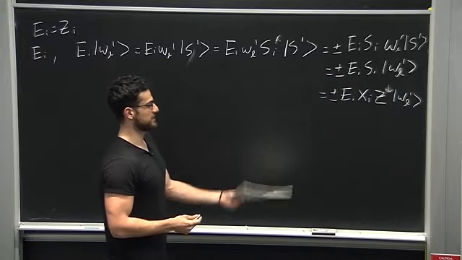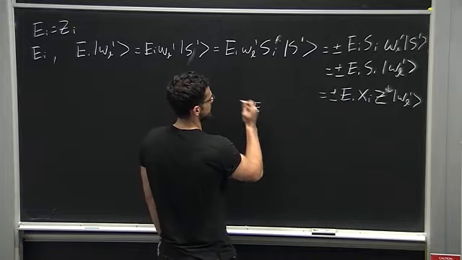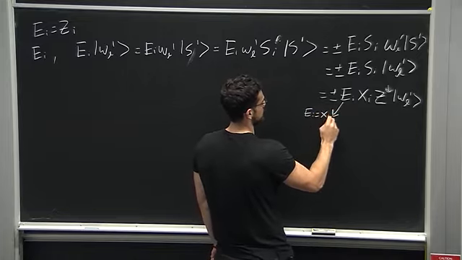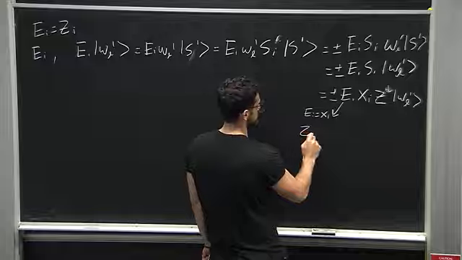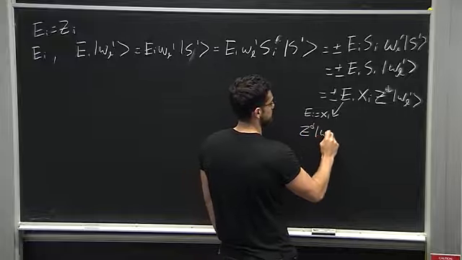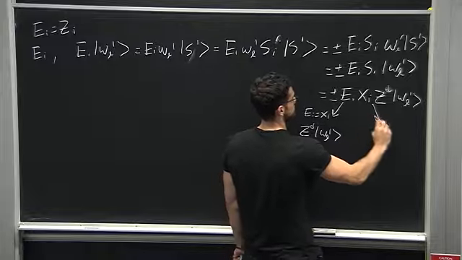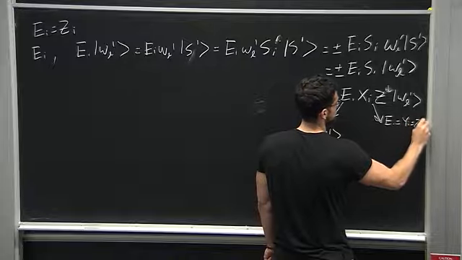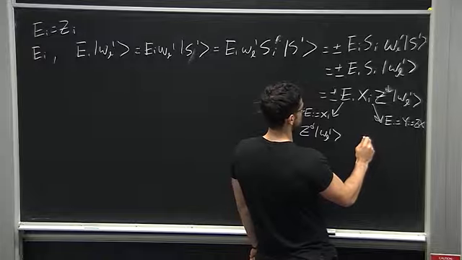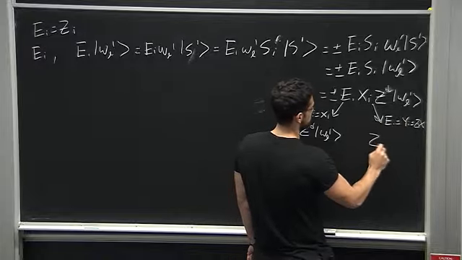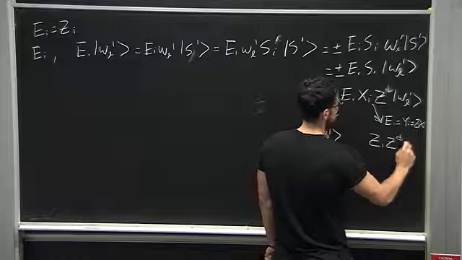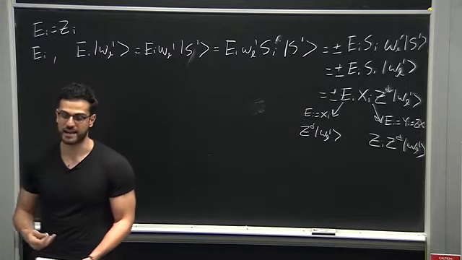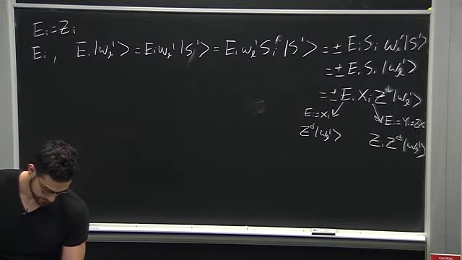And so now if we consider the different possible errors, if e_i equals x_i, x_i, and we're left with just z errors. If e_i equals y_i up to a phase, we're then left with, again, the x's will cancel out. And we're left with that. So all errors end up being mapped to just z errors.